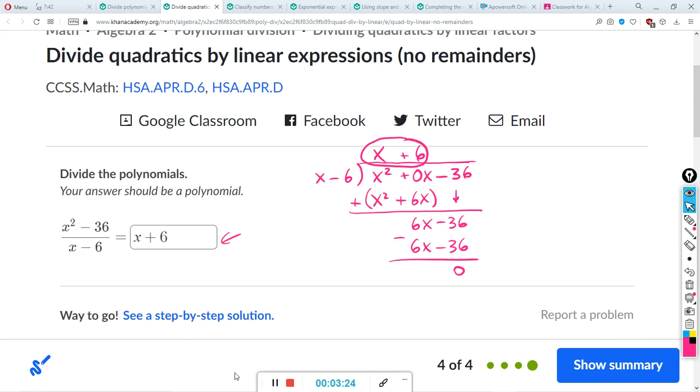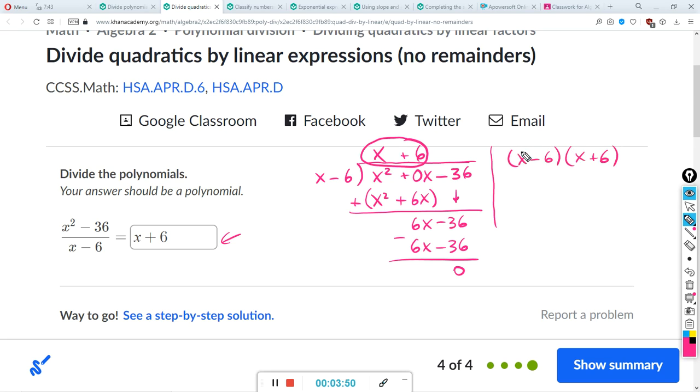Now, if you want to use the shortcut here, and you won't always be able to do this, maybe on this exercise, I'm not sure, you can just factor the numerator. So x squared minus 36, that's the same as x minus 6 and x plus 6.